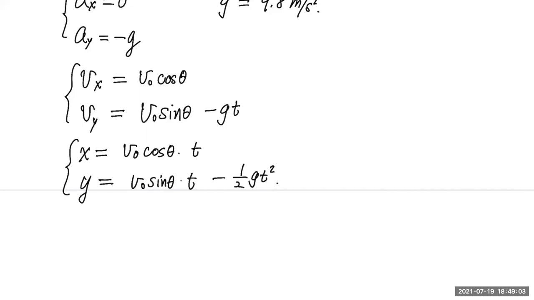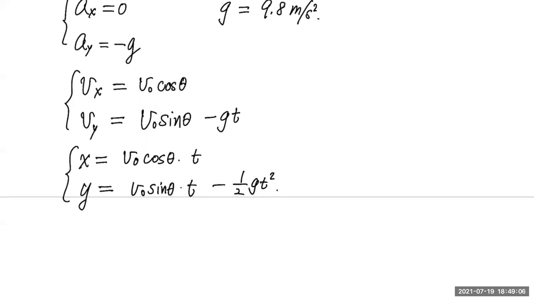And I can tell you, as you will see, everything that you ever want to know about this projectile motion can be found from these results. I'm going to label them by giving them equation numbers so you can easily refer back to them. So we're going to call this equation 1, 2, 3, and 4. Okay, those are the results. And from these 4 equations, we can find everything we want to know.